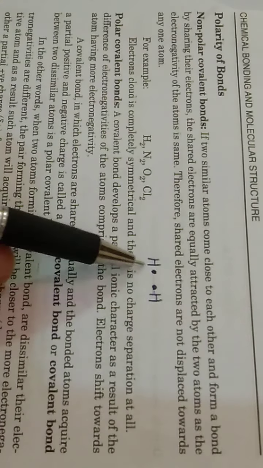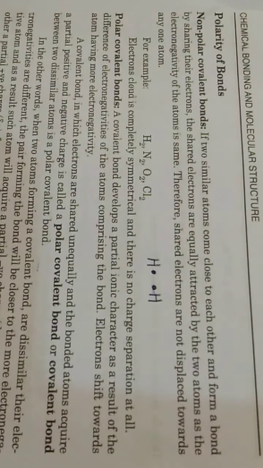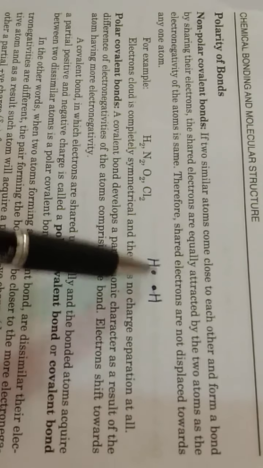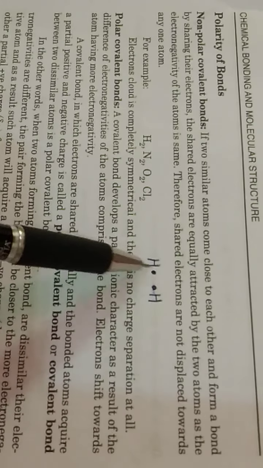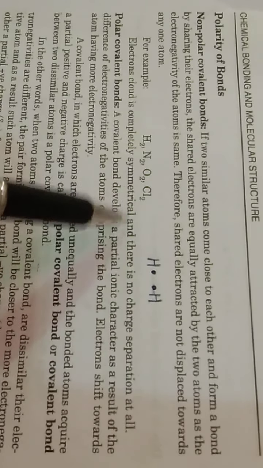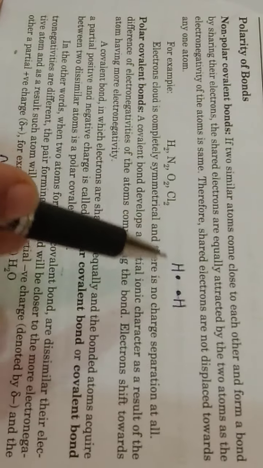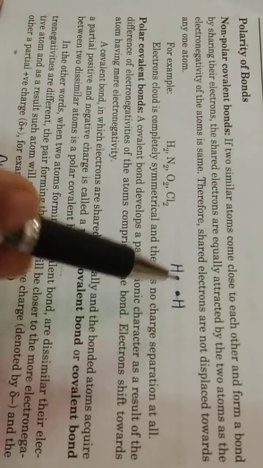Now children, if you look towards their electronegativity, you can clearly see that no one is more electronegative than the other. They both are the same atoms. इनमें कोई भी ऐसा नहीं है जो पहले वाले से ज़्यादा ताकतवर हो और is more electronegative, जो अपनी तरफ इलेक्ट्रॉन्स को खींच सके.